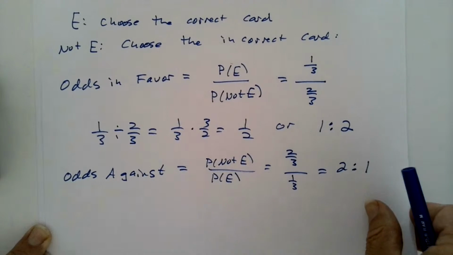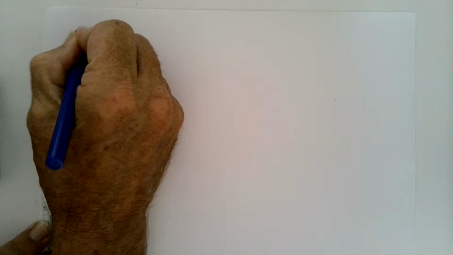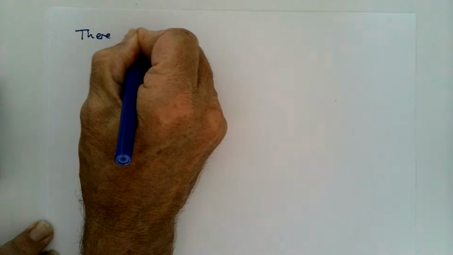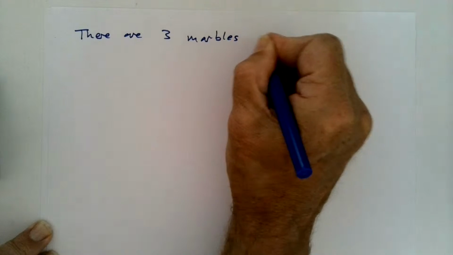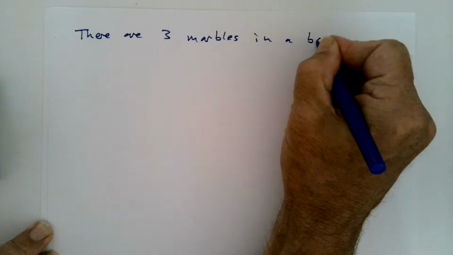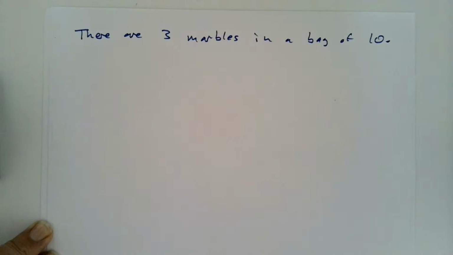So let's look at some examples here. Here's our experiment. There are 3 red marbles in a bag that has 10 marbles total. We want to find the odds in favor first.